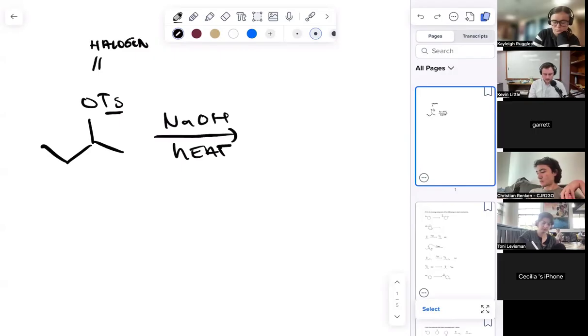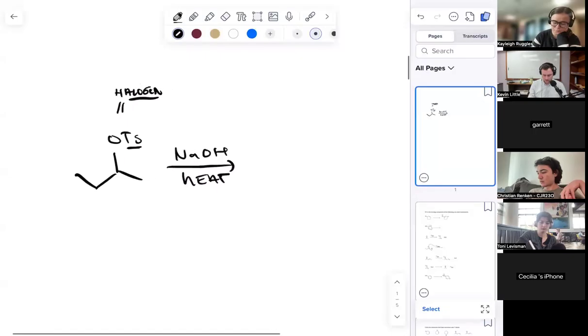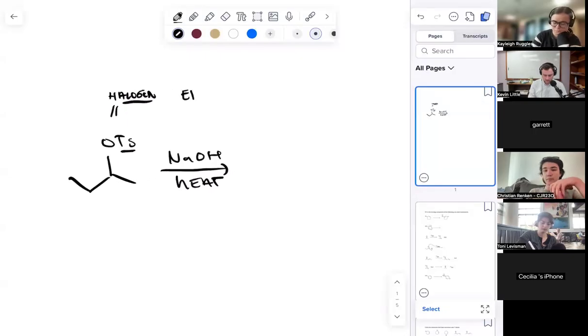So I see a halogen, I see a leaving group. My first thought is, I've got to decide if this is going to be E1, E2, SN1, or SN2. How do I do that? Well, the first thought is I see a metal. That's where my eyes should always go.